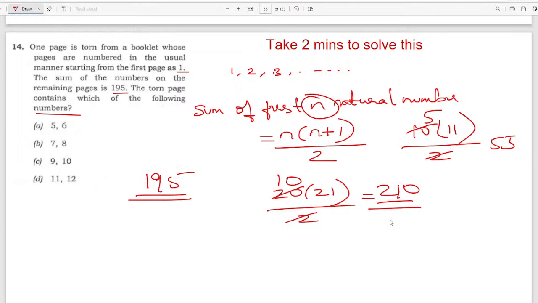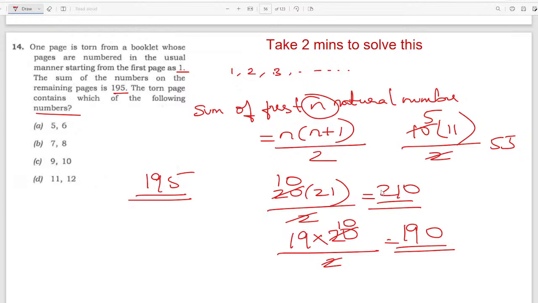So if I have 19 pages, then 19 into 19 plus 1 by 2, this is 190. So 190 cannot be it, 19 cannot be the number of pages that it can have.